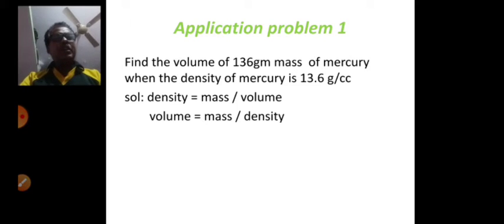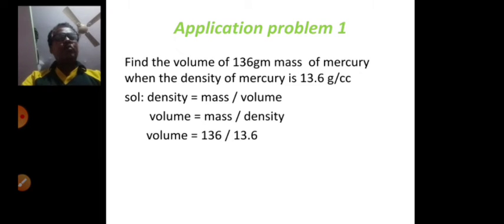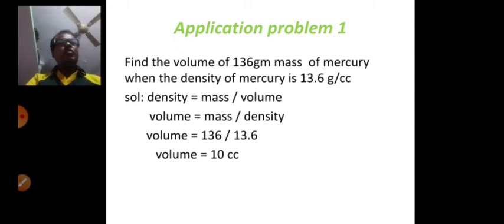Substituting, volume is equal to 136 divided by 13.6. Simplifying, we get volume is equal to 10 cc, 10 cubic centimeter. This is our first application problem. Let us move on to the second application problem.